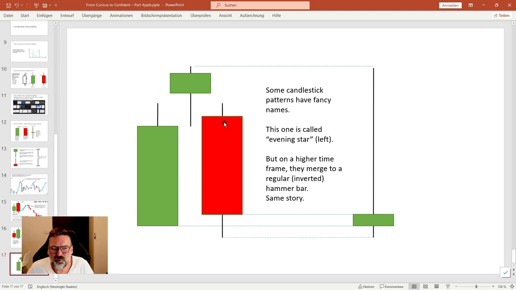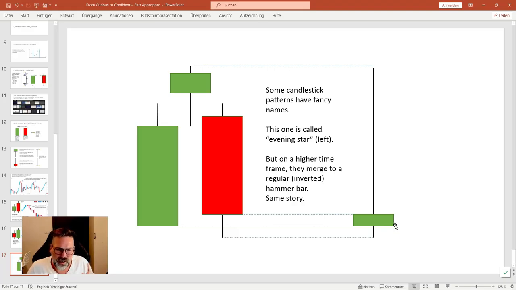If I go now on a 15-minute chart, every bar on a 15-minute chart is made out of 3 5-minute bars, right? 3 times 5 is 15. So, and if you take that together, this here, on a higher time frame, that would just merge. Here's the top. Here is the body. Here's the lower tail. That would merge to this inverted hammer or shooting star, whatever you might call that.